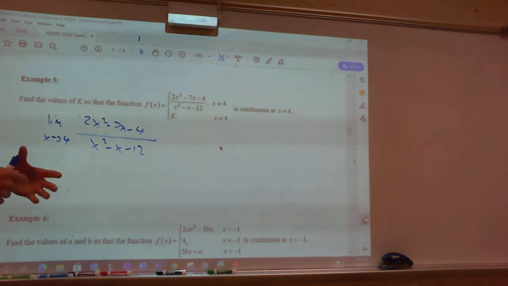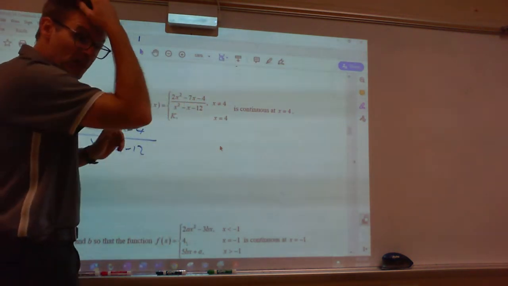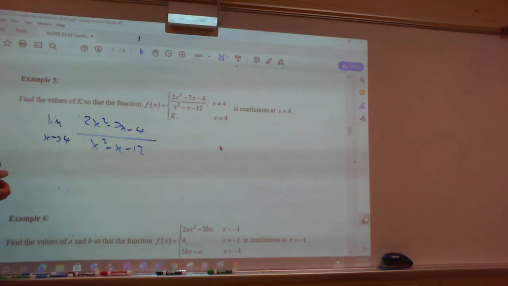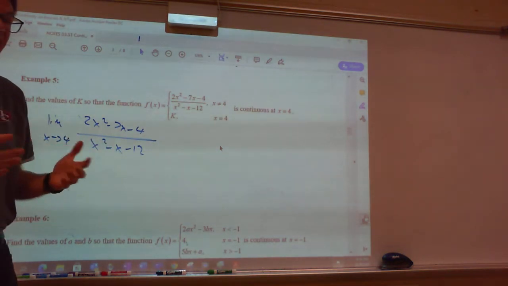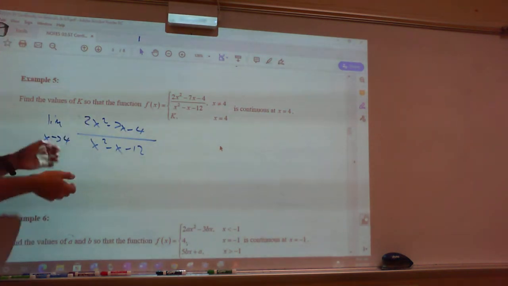So we're going to talk about the development of this problem. The development of this problem actually came from this limit. And this is something I could have very easily given you on your quiz, like compute the limit.